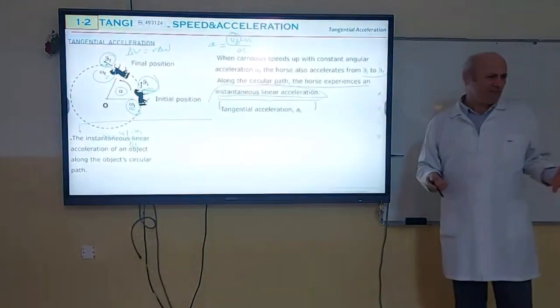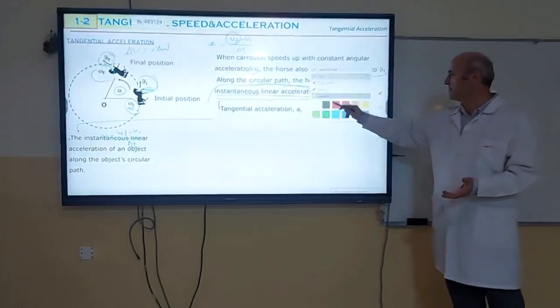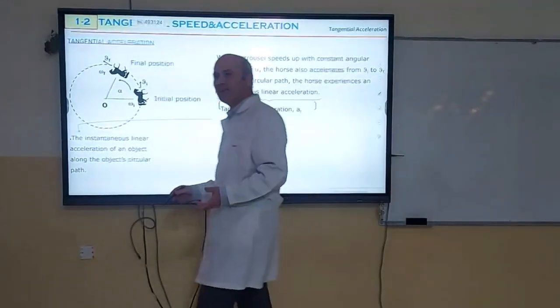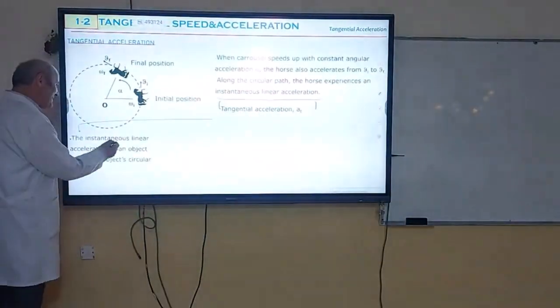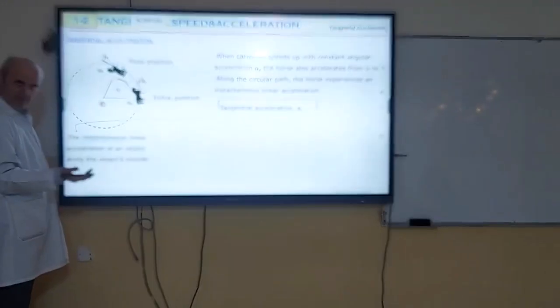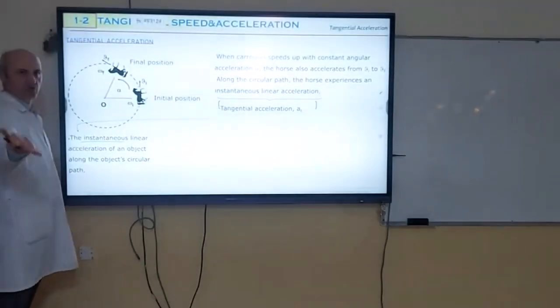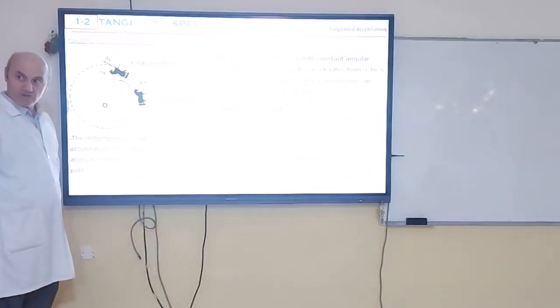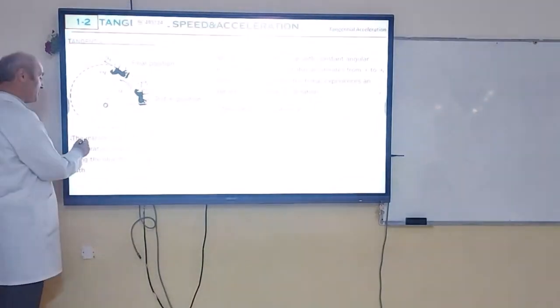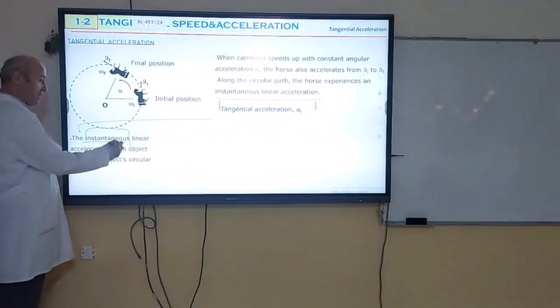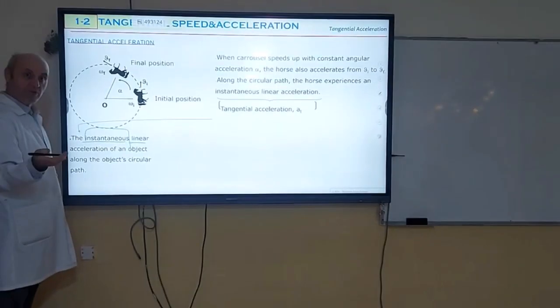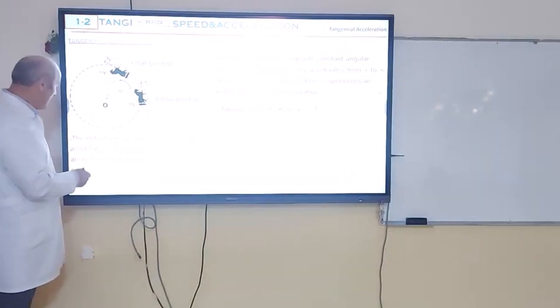But the common definition of the tangential acceleration is, in fact, very similar to the tangential speed. It is instantaneous again, from position to position. The direction of the tangential acceleration is changing. So this one is instantaneous. It's linear because you measure it in terms of meters per second squared.